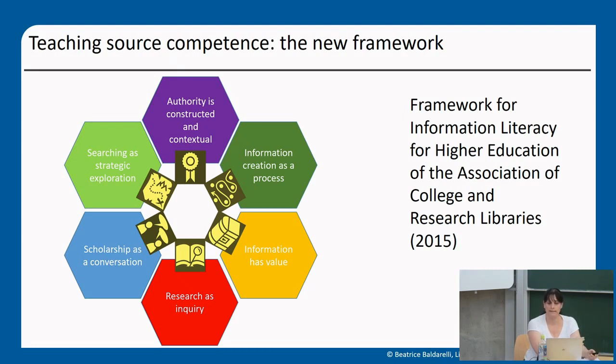The framework, with its meta-literacy and metacognitive approach, led to a flexibilization of previous standards by reshaping the vocabulary of information literacy and shifting the focus to a new critical perception of information. 3 frames in this concept in particular underline the core message that information must always be contextualized in a multi-directional and multi-perspectival communication network: authority is constructed and contextual, information creation as a process, and scholarship as a conversation.